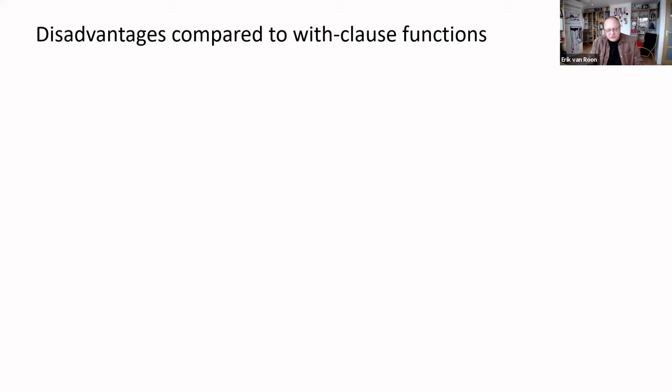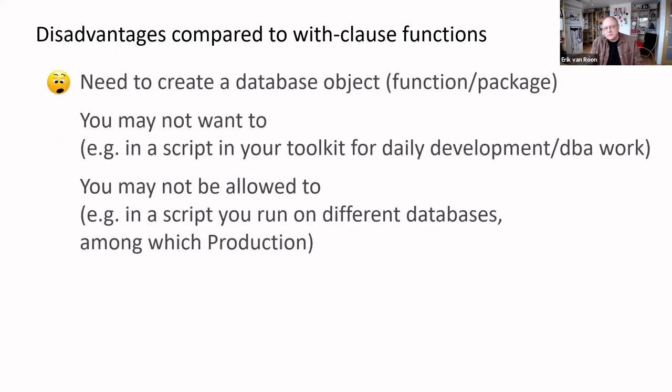The disadvantages are mainly, first of all, you need to create a database object. You need to create that function inside the database. And if you just have a query that you want to run on several databases, or you want to run it on production or whatever, you're not always allowed to just create that function just because you need it in your query.